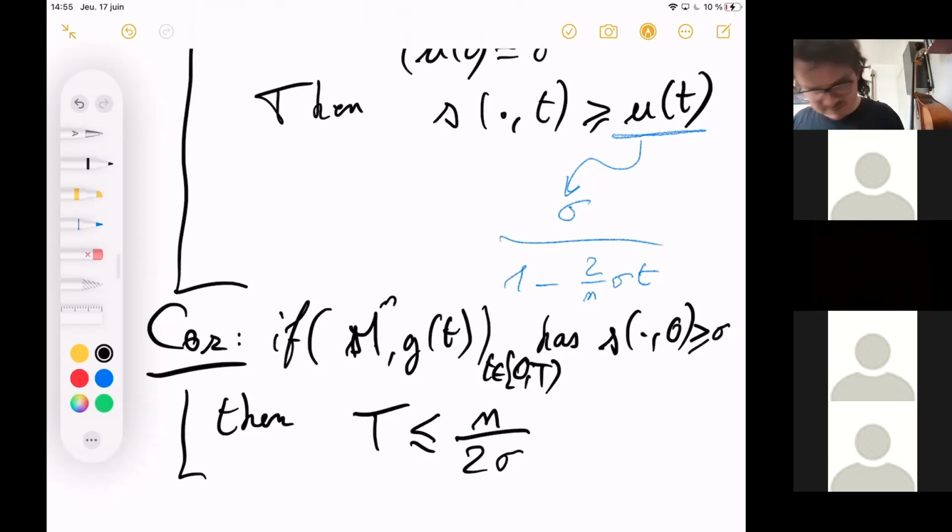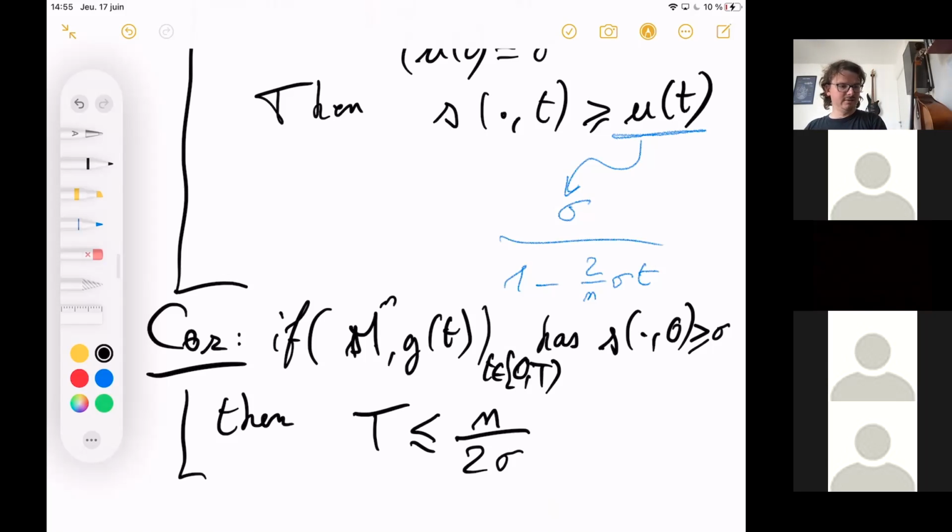And there are actually interesting results under some assumptions. This bound is attained for round spheres, for instance, or any Einstein manifold. And you can try to see whether it's optimal or not.